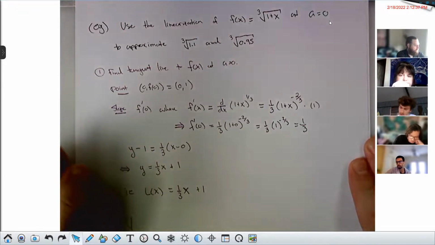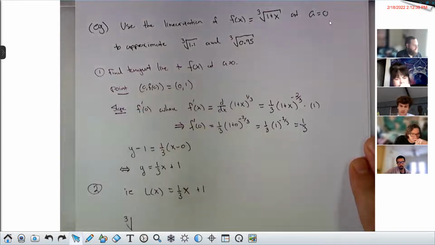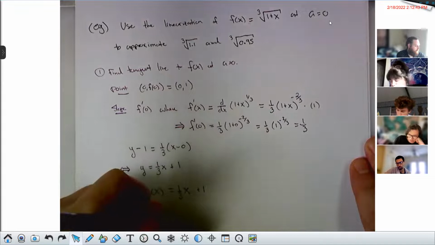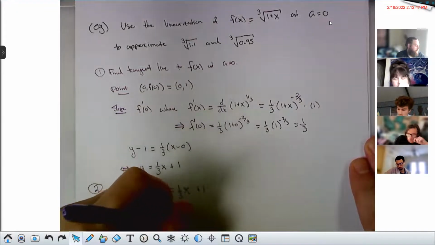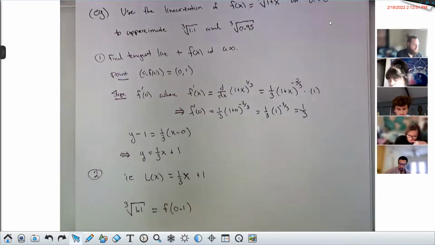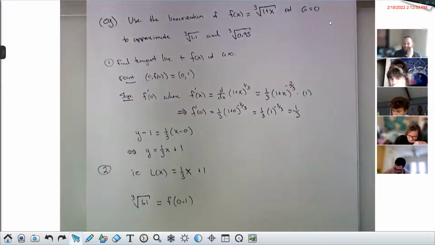So our second step, rewrite this as the linearization. The cube root of 1.1 is exactly equal to f of 0.1. Not f of 1.1, because f of x is not the cube root of x, it's the cube root of 1 plus x. And this is that sneaky trick that I alluded to a little bit last time, but we didn't get to see a concrete example.